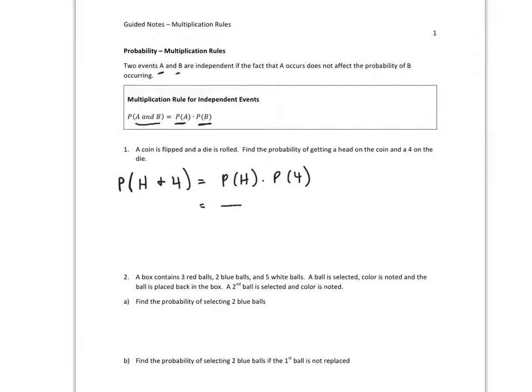You're tossing a coin. You have two sides. Only one side has a head. Times you're rolling a die. You've got 6 sides, and one of those sides has 4 dots on it, or the number 4. So that's 1 times 1 is 1. 2 times 6 is 12.